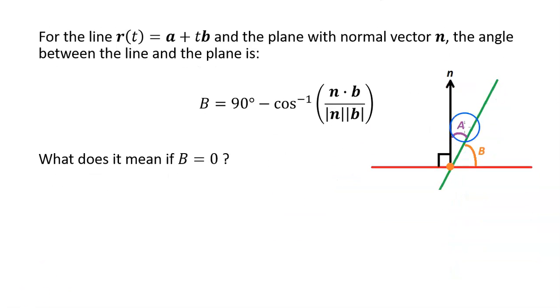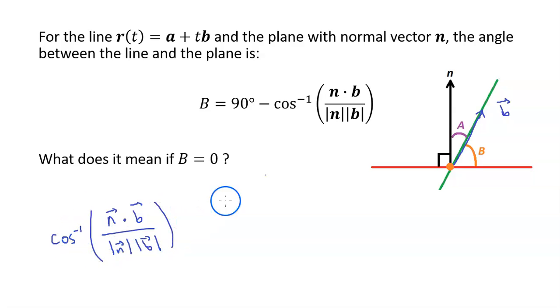No problem. So first of all, let's suppose that b is in this direction. Then clearly we have that n dotted with b divided by the length of n times the length of b, put into the cosine inverse function, is going to give us a by the definition of the dot product.